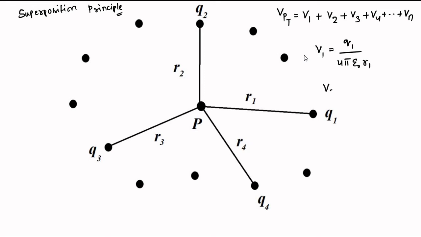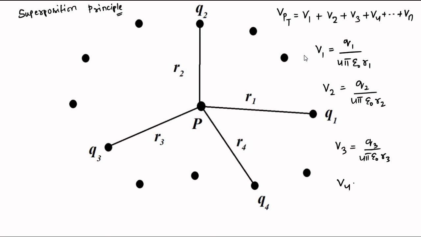Similarly, V2 is equal to Q2 by 4 pi epsilon 0 R2. Similarly, V3 is equal to Q3 by 4 pi epsilon 0 R3.